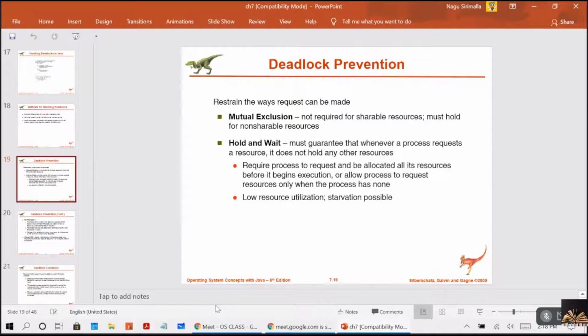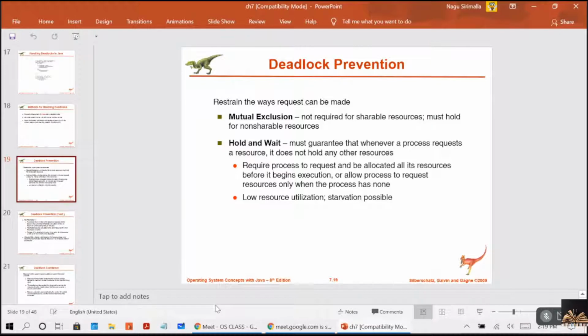We cannot prevent deadlock by denying the mutual exclusion condition because some resources are by default non-shareable. That means we cannot make this condition false; we cannot deny this condition.